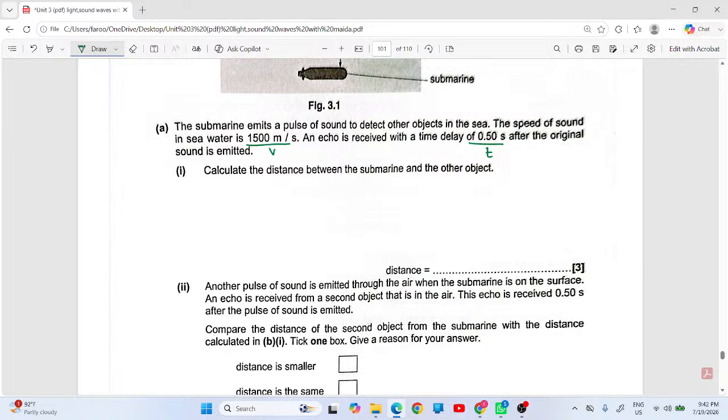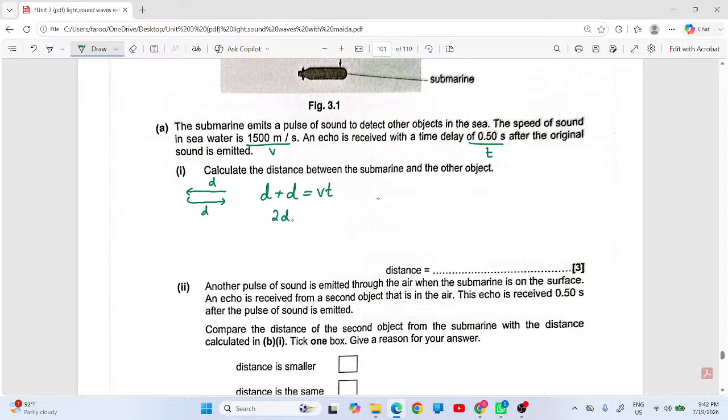What will we do to find the distance? The sound is emitted, it covers distance d, and when it hits the object it comes back towards the submarine. The total distance becomes d plus d. Distance d going, then d coming back, so total distance is 2d equals speed into time.